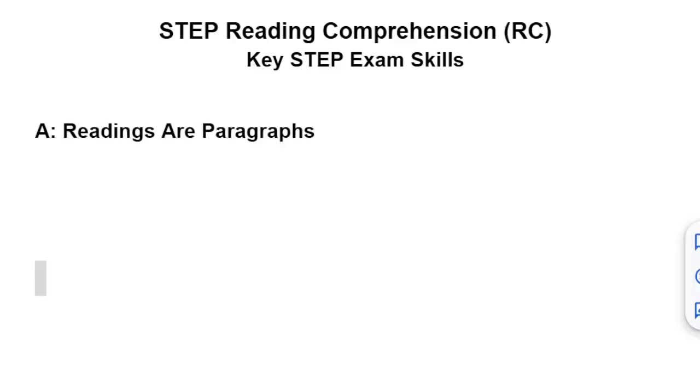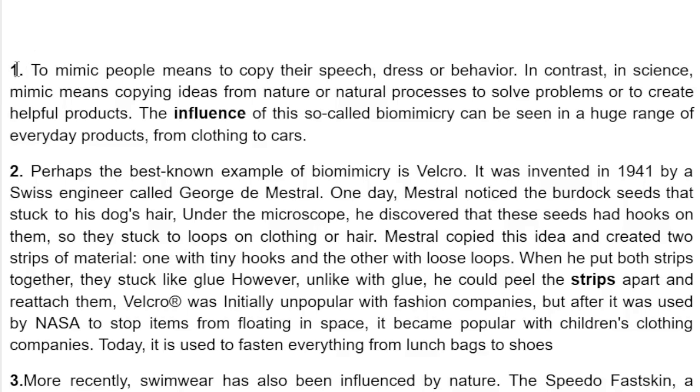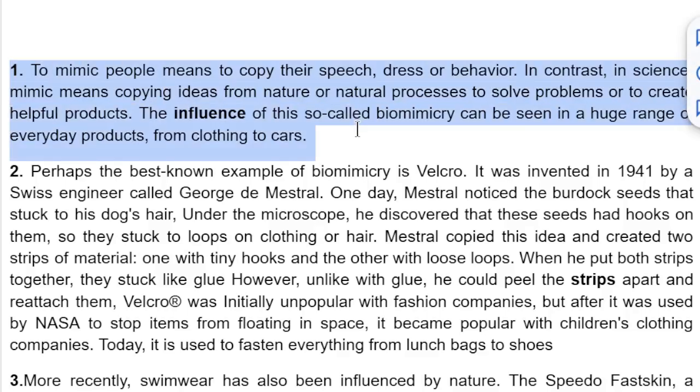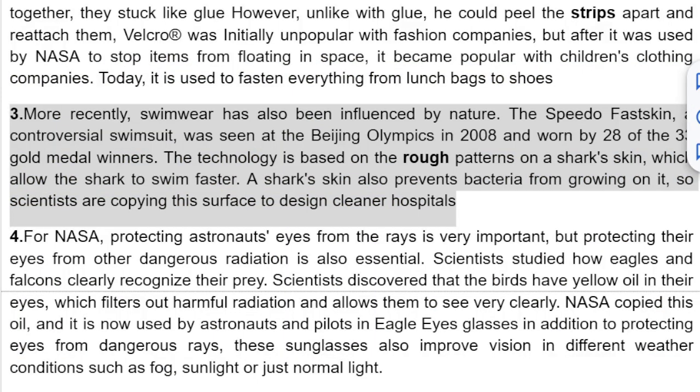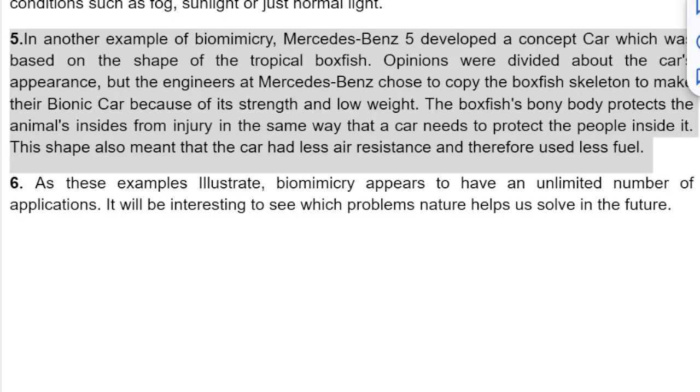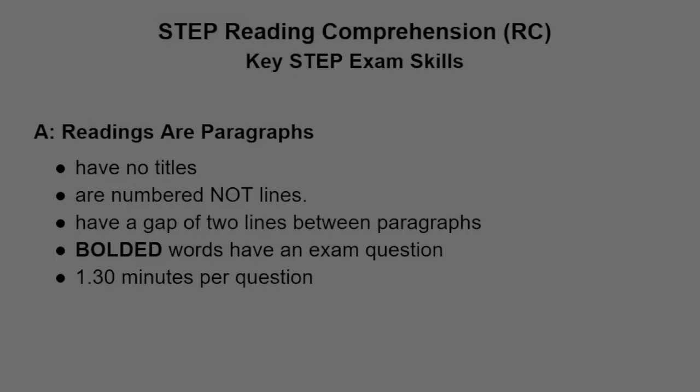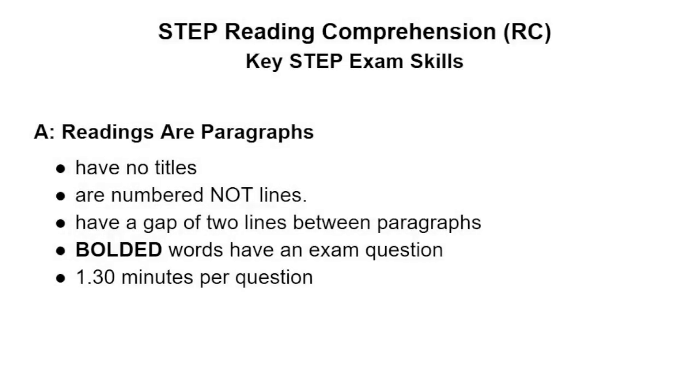Let's see an example. Paragraph 1, 2, 3, 4, 5, 6. The texts are only given as paragraphs. There are no titles. The paragraphs are numbered. You have a number next to each paragraph.